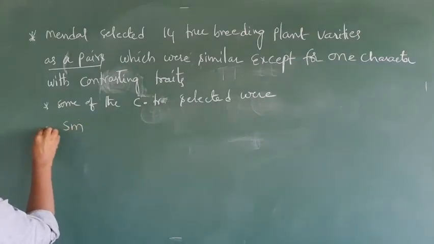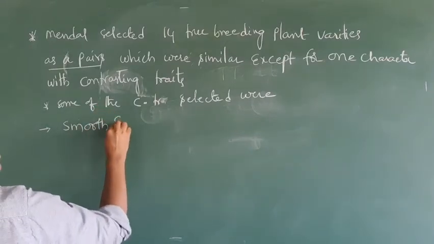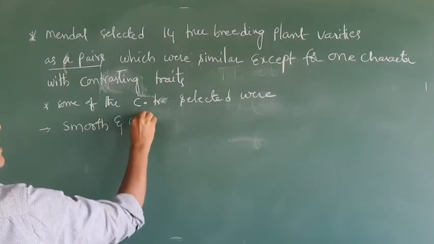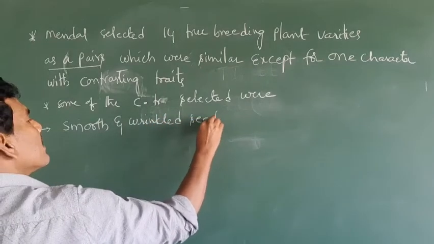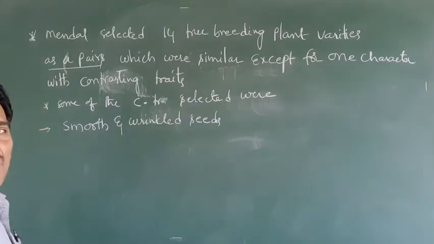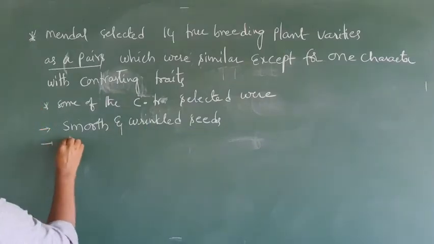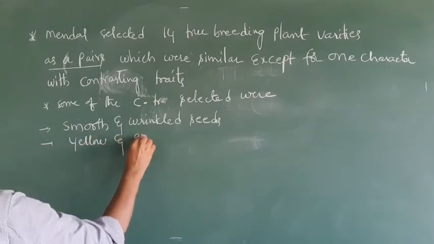First one is smooth and wrinkled seeds. Smooth seeds, wrinkled seeds. Next one, yellow and green seeds.